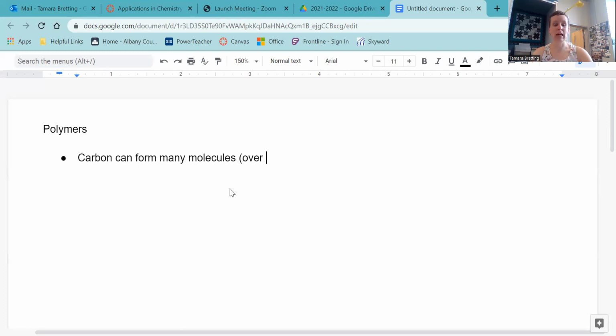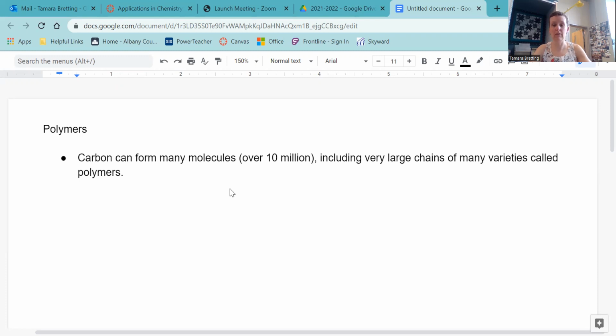There are over 10 million known compounds made out of carbon, including very large chains of many varieties called polymers. So polymers are these very large chain molecules that are carbon-based, okay?